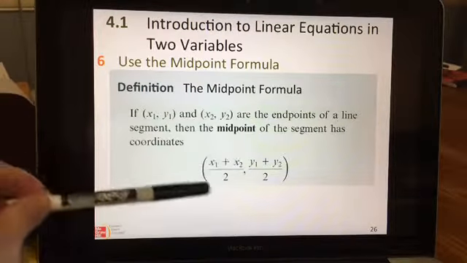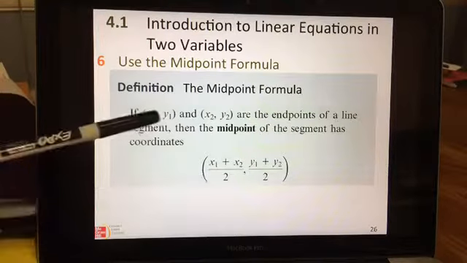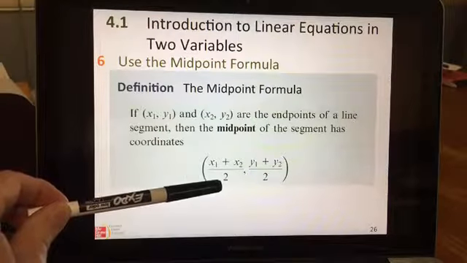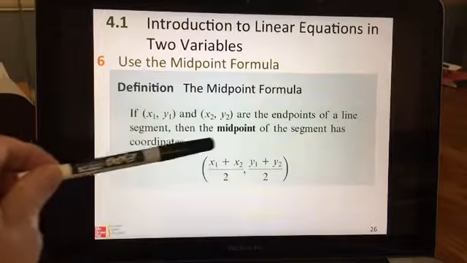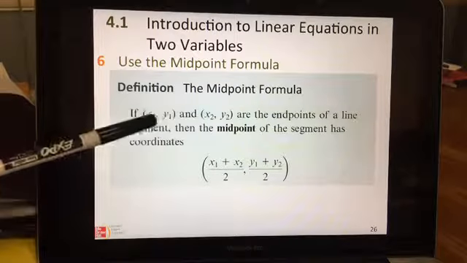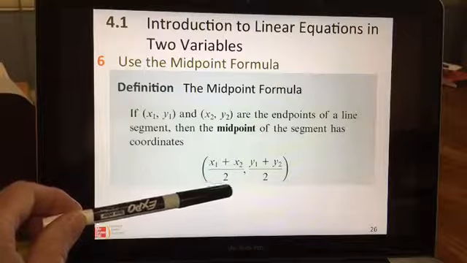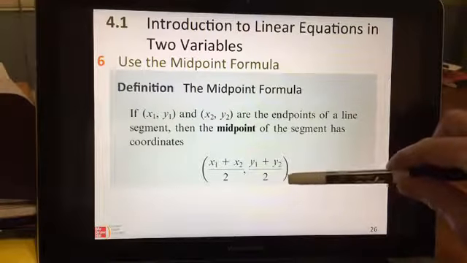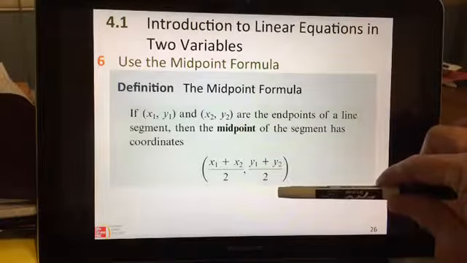So notice how the x value of my midpoint is just my x and my x added together and divided by 2. Does that remind you of something? Maybe an average? Okay, so the average of the 2 x's will be the x value of the midpoint. Wow, that's easy. The average of the 2 y values will be the y value of the midpoint.